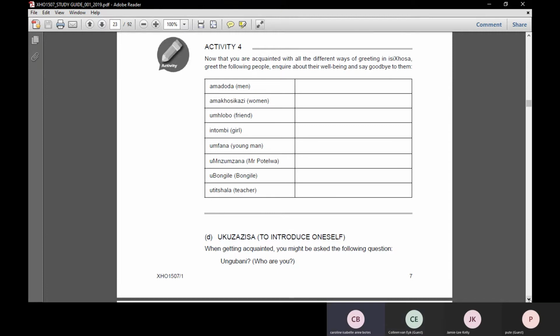How would they reply to your question? Sikhona wena unjani. Sikhona wena unjani, that's correct. And you would answer them and say Ndikhona enkosi.